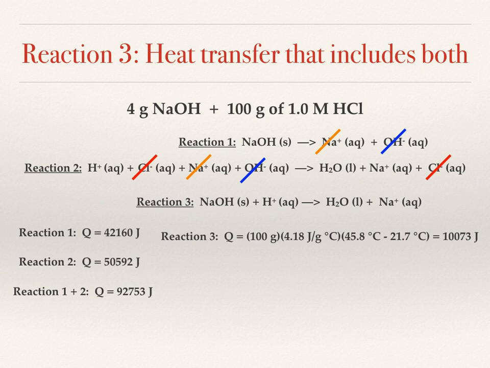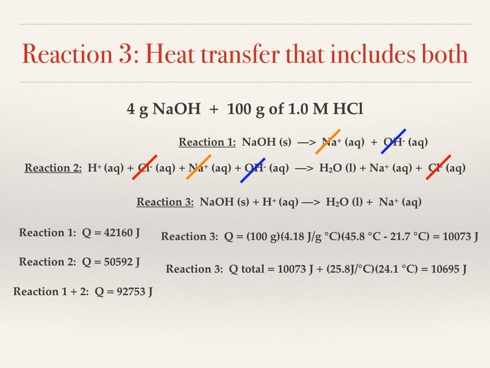We do need to take into consideration our calorimeter again. When we take into consideration how much energy was absorbed by the calorimeter, our Q total is around 10,695 joules of energy.